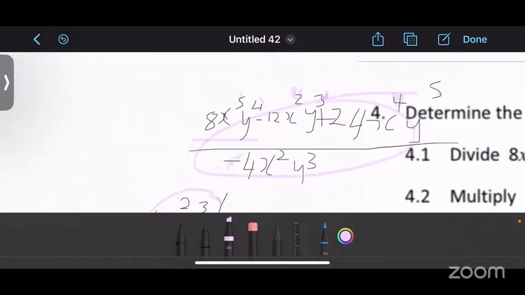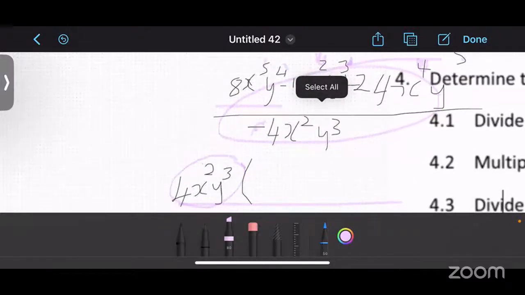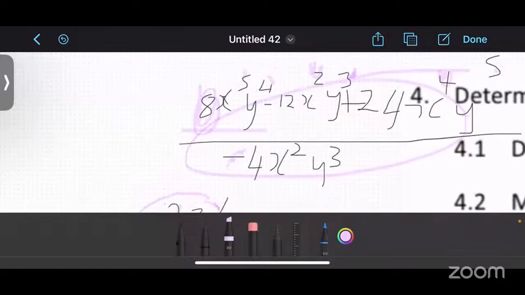So we're going to start one by one. What can I multiply 4 with for me to get an 8? What is it? 2. Perfect. What is it that I can multiply x squared with in order for me to get x to the power of 5?